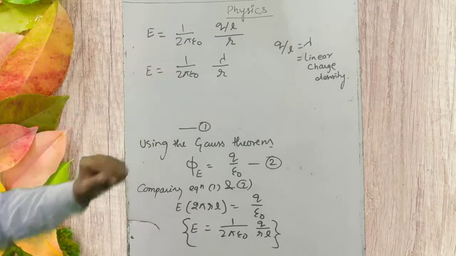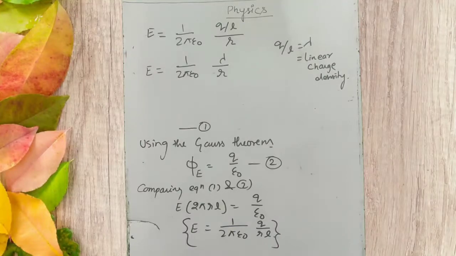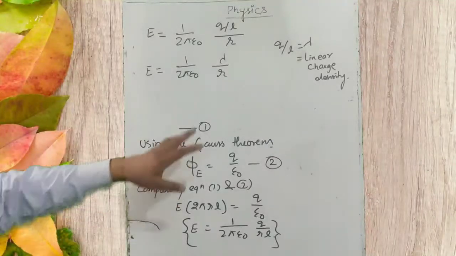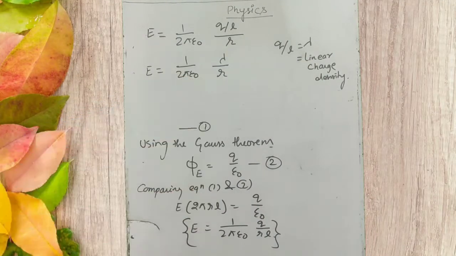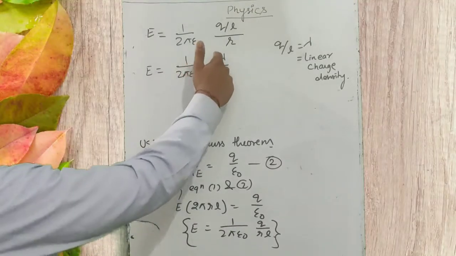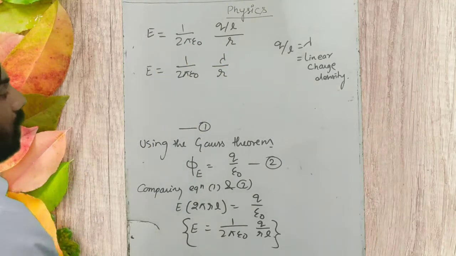If we keep this 1 upon 2 pi epsilon naught, it will be a little difficult to calculate, going to be complicated because we have to keep the value of pi as 3.14, and epsilon naught as 8.85 into 10 to the power minus 12. So make it a little simpler by multiplying and dividing by 2.